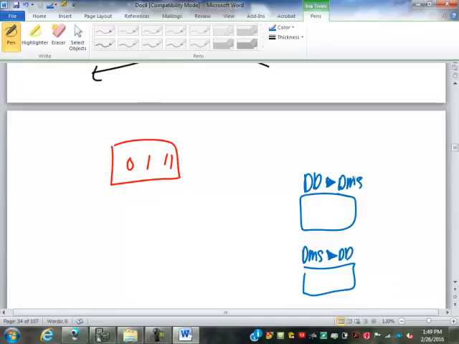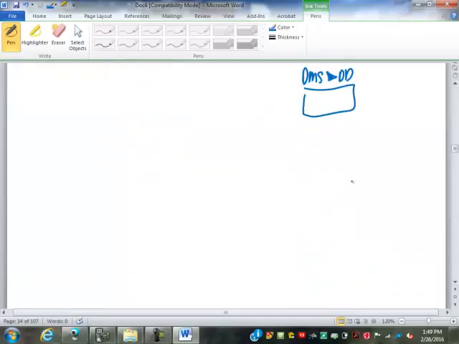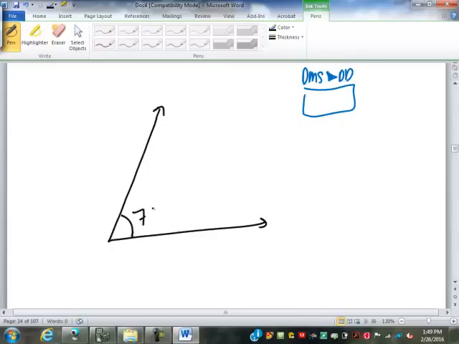Okay, so now, rather than throwing more calculations at you, I think you guys have seen enough calculations. I want to throw a concept at you. So here's the concept. If I construct an angle here, then let's say that this angle is 79 degrees.